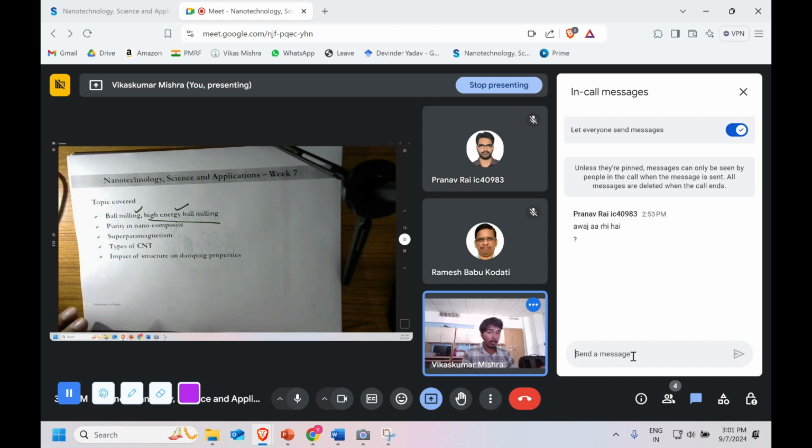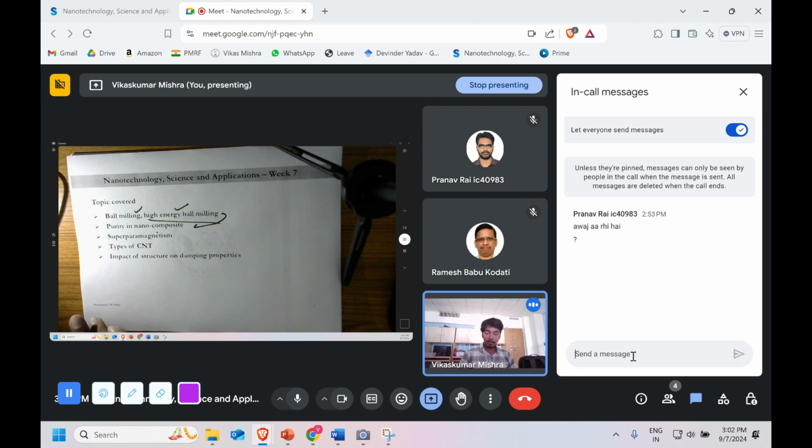Then we have understood the purity of the nanocomposite which we prepared by the ball milling process. We are aware that if we are ball milling any particular material, let us say any particular powder, let us say zirconia, it might be very well possible that the wall of the container in which we are milling, and the medium which we put in, let us say a tungsten carbide ball, so that it can help in the grinding of the zirconia.